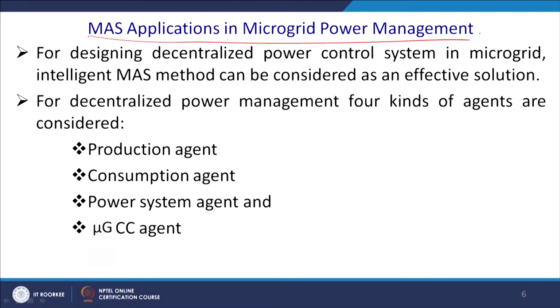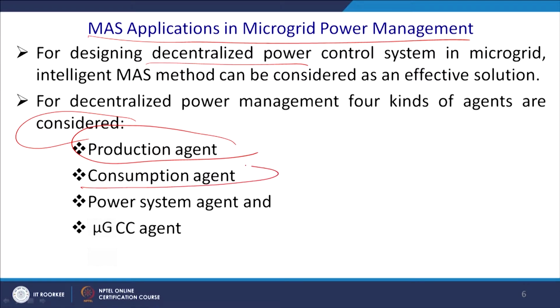For designing a decentralized power control system in the microgrid, an intelligent MAS method can be considered and is an effective solution also. For decentralized power management, 4 kinds of agents are considered. One is the production agent, that is a solar plant, wind, you may have a fuel cell.